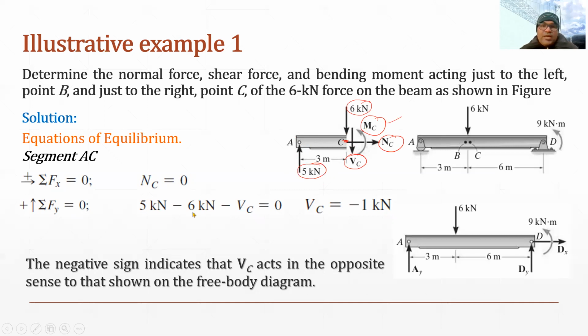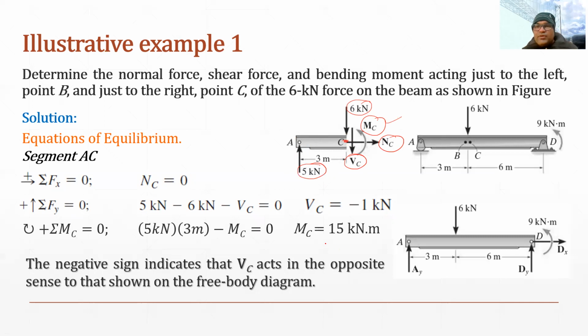So the value of MC will be the same as in the case of MB. The values of MB and MC are both 15 kilonewton meter, and the result is positive, which means the sense of this moment is correct.